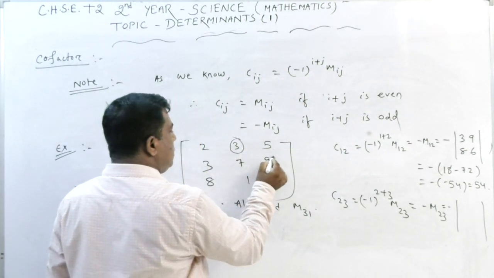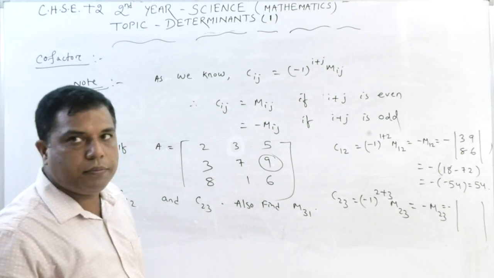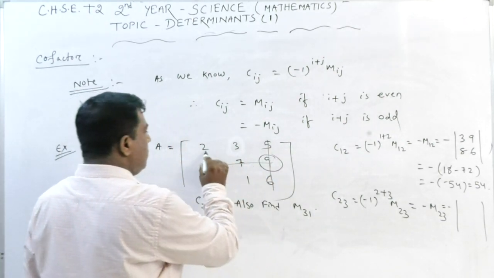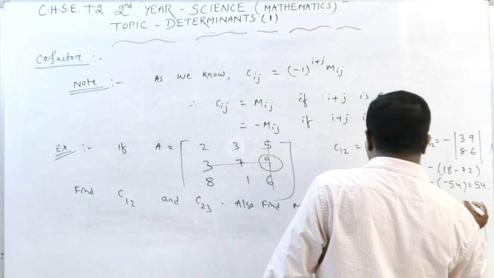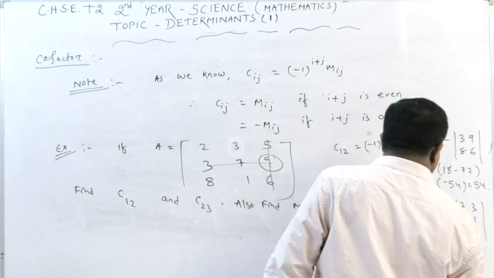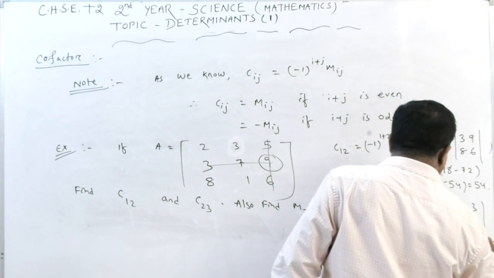Now we have to find its minor, by leaving the row and the column from the determinant. So it is the determinant 2, 3, 8, 1. So it is minus of 2 minus 24, so minus of minus 22. So it is plus 22.